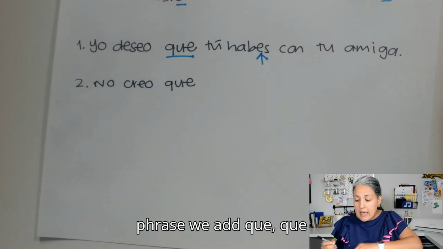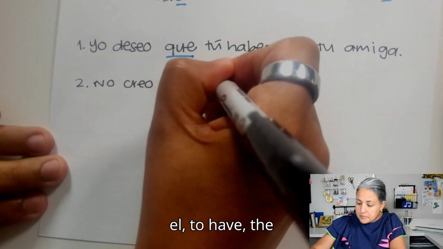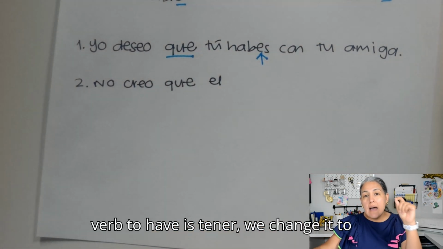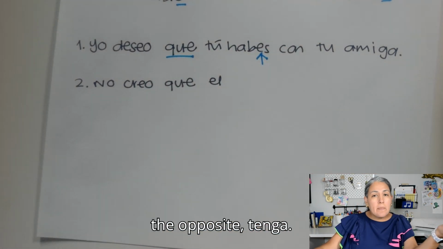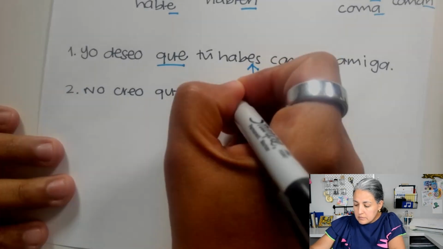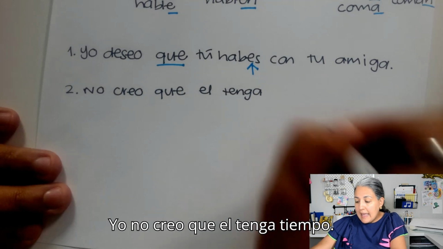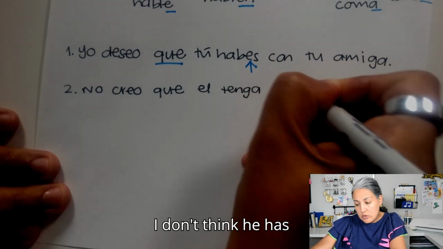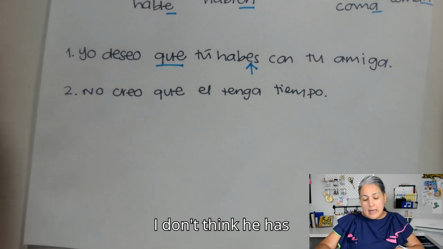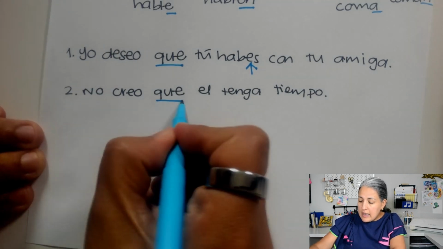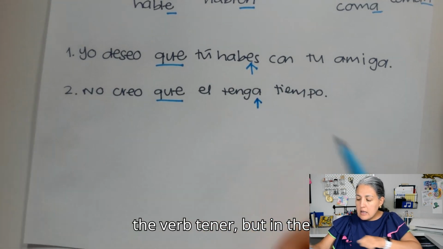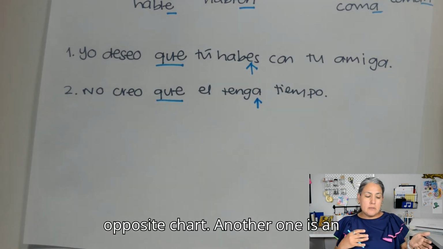We add que él, to have, the verb to have is tener. We change it to the opposite, tenga. Yo no creo que él tenga tiempo. I don't think he has time. No creo que, the verb tener, but in the opposite chart.